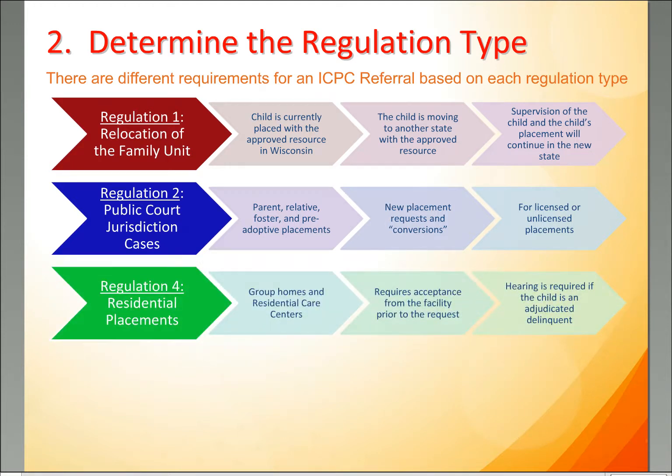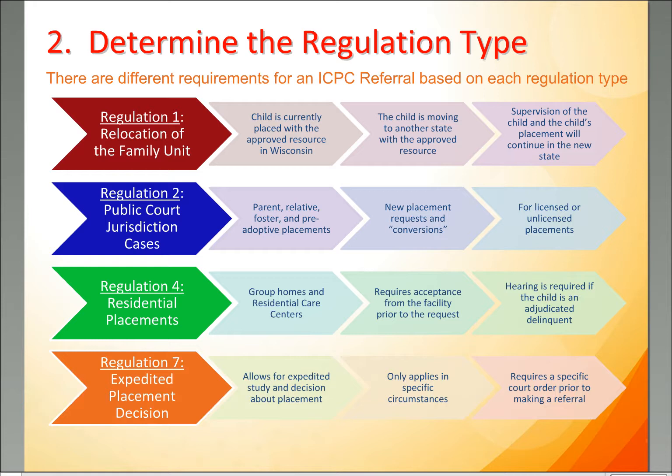Regulation 4 is residential placements into group homes or residential care centers out of state. It requires acceptance from the facility prior to the request and also requires a hearing if the child is an adjudicated delinquent. Regulation 7, expedited placement decision, only applies in very certain circumstances. It requires a specific court order prior to making the referral.